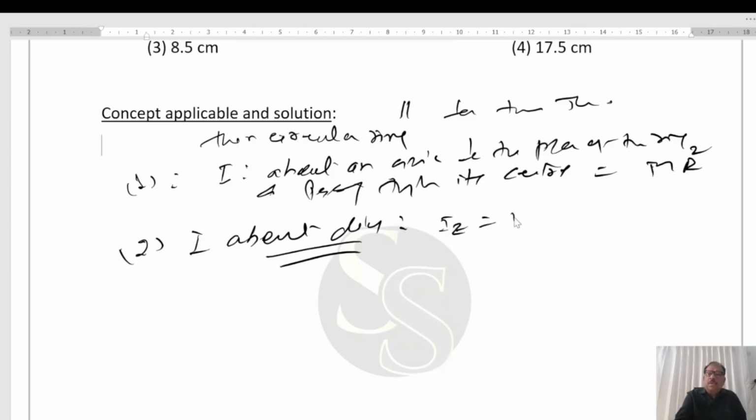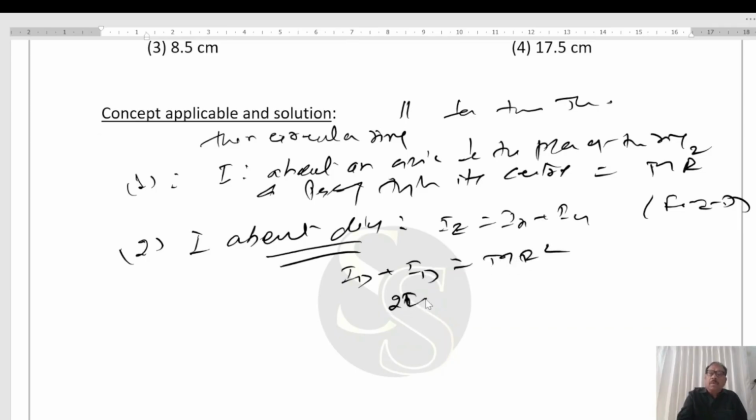Iz equals Ix plus Iy for two-dimensional lamina. So Id plus Id is actually Iz, that is mr square. 2 Id equals mr square, so Id comes out to be 1 by 2 mr square.